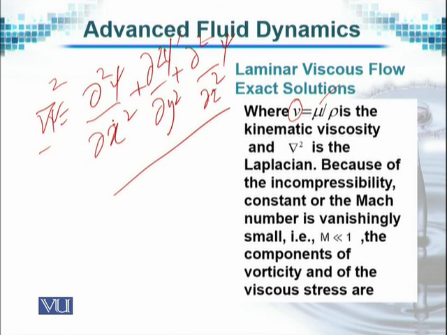Because of the incompressibility, the Mach number is always taken to be vanishingly small. This is to make sure that the flow is kept laminar. And we have already defined right in the beginning that the fluid flow considered in these cases will be a laminar flow, so no turbulence there.